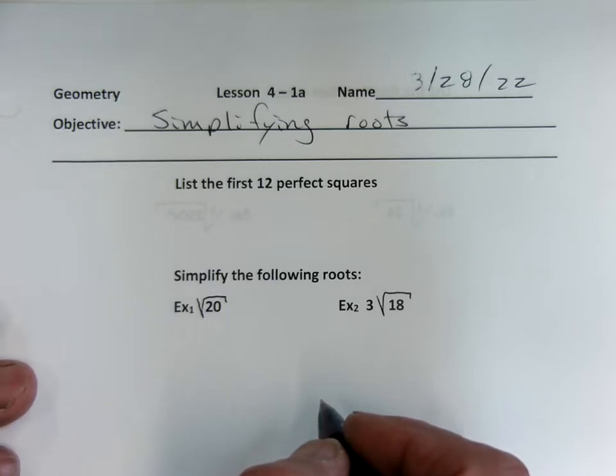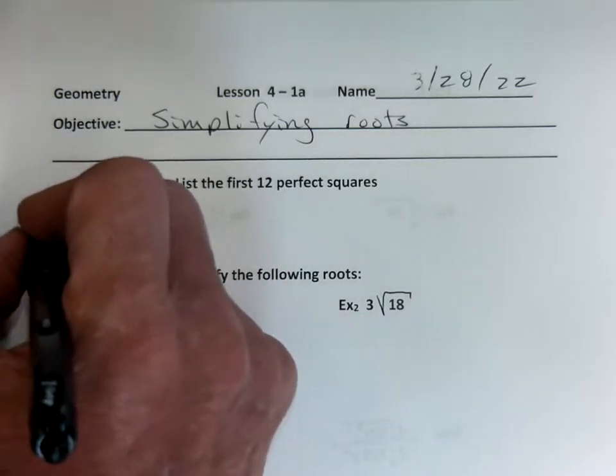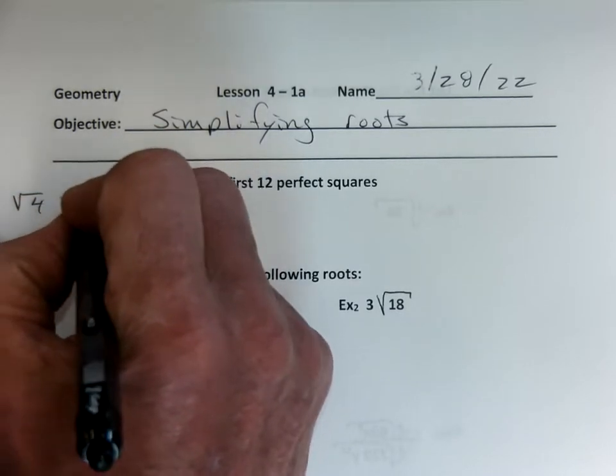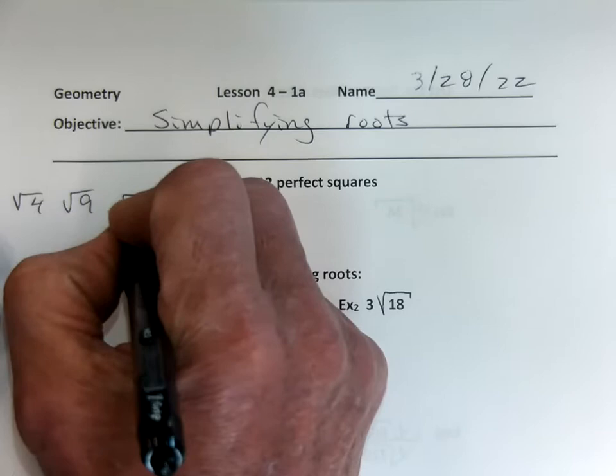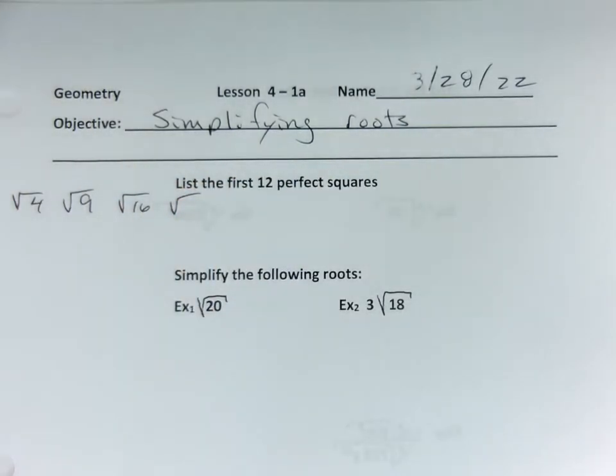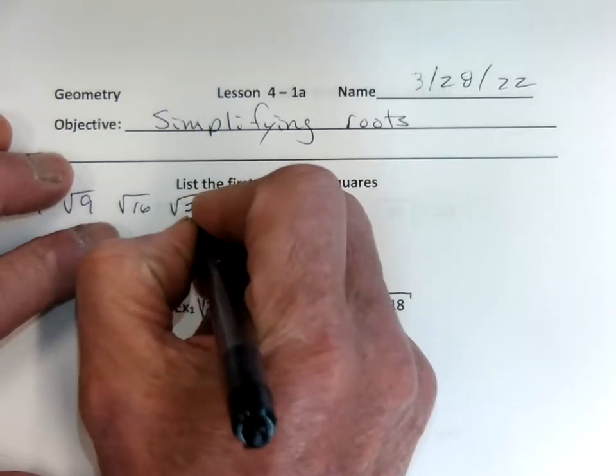So let's list the first perfect squares. I'm going to start with the square root of 4, square root of 9, square root of 16, square root of 25. These are the perfect ones, the ones we just put in our notes.